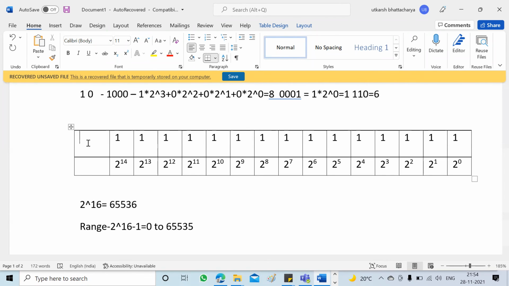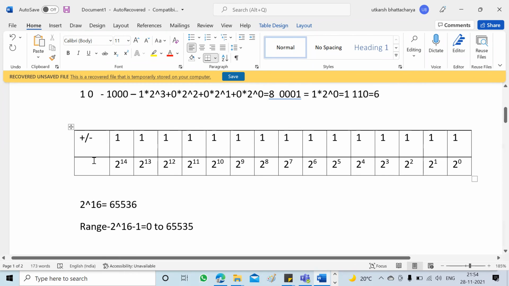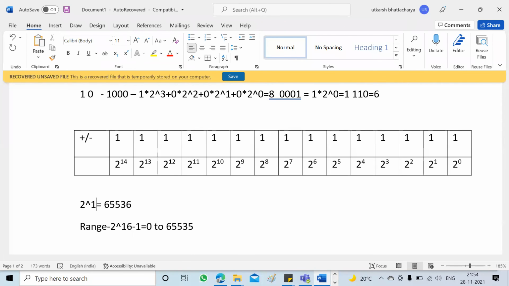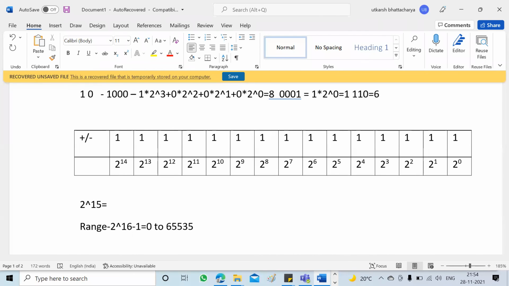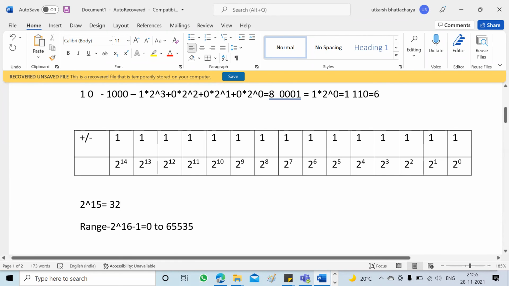It's not decreasing, but it will change. How it will change, I will just tell you. Plus or minus. So now our range became how much? 2 to the power 15. 2 to the power 15 is how much? 32768.